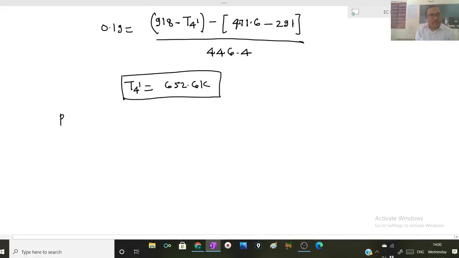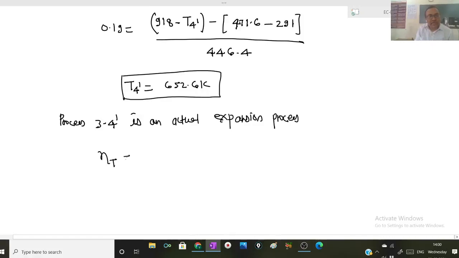Now process 3 to 4 dash is an actual expansion process. So here turbine efficiency will come into picture, and it can be given as H3 minus H4 dash over H3 minus H4.